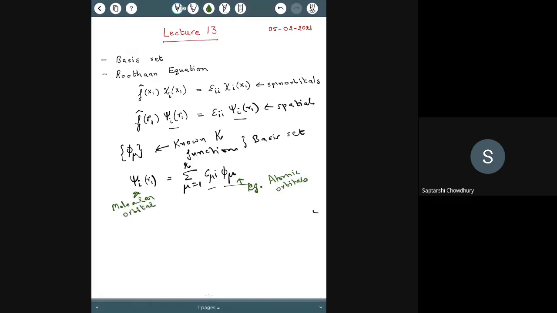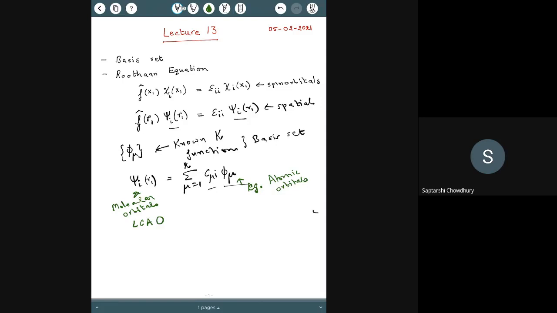And from this relation, it is clear that every molecular orbital is then a linear combination of atomic orbitals. You have come across this in a less mathematical context when you learned molecular orbital theory, and this is called LCAO, the linear combination of atomic orbitals. Mathematically, it is basically the way of solving the Hartree-Fock equations.